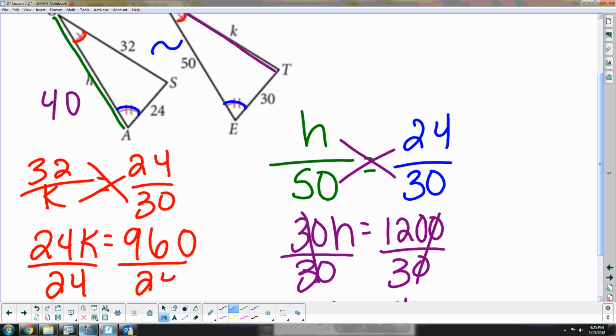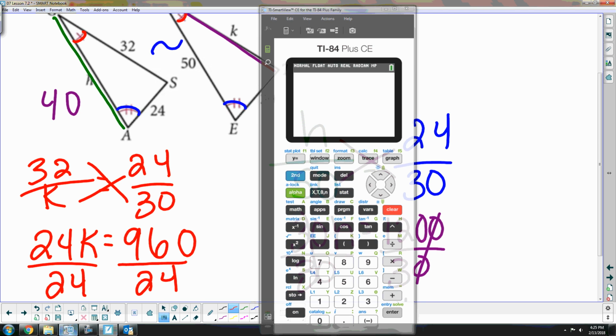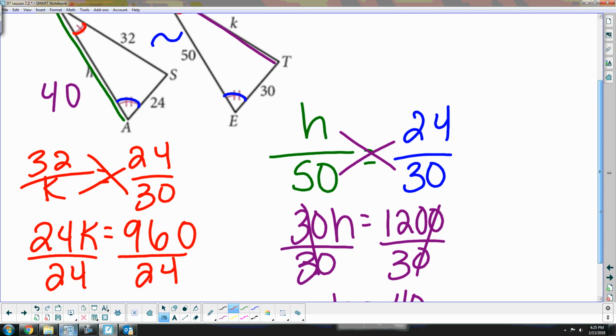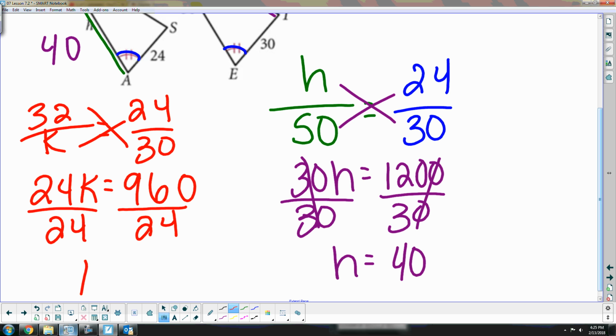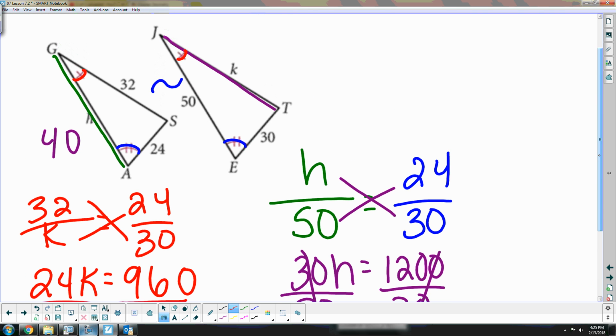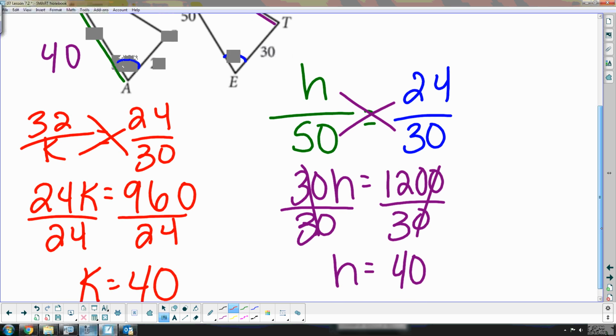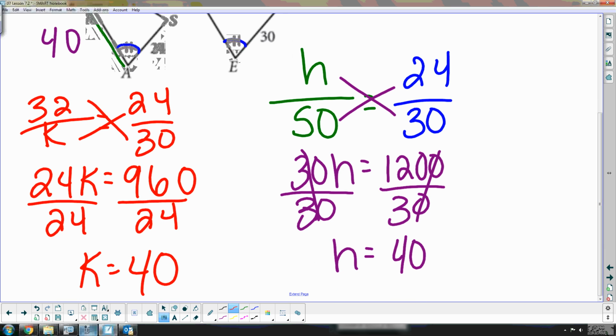Divide both sides by 24 so that we can solve for K. And this one I'm actually going to use my calculator. And we get 40 again. So K is equal to 40. Now, you don't have any units on here, but if it gave you units, you would need to make sure that you included your units in the final answer.